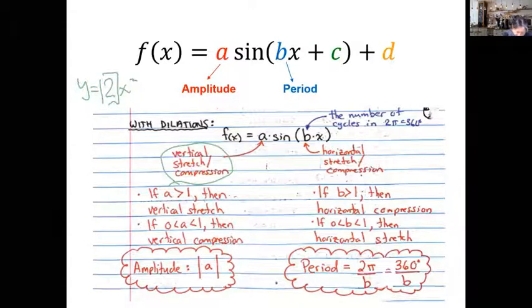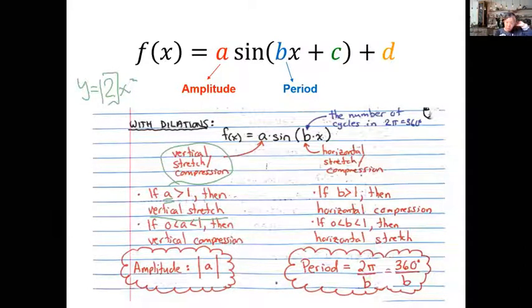When the A value is greater than 1, whether a whole number, fraction, or mixed number, it vertically stretches the graph. If you imagine your original sine graph vertically stretched, the amplitude, which originally goes up to 1 and down to -1, will be stretched longer.